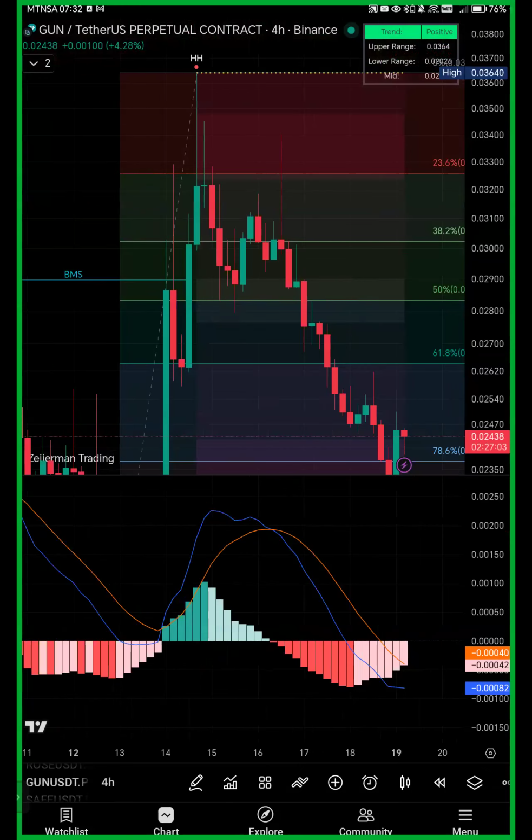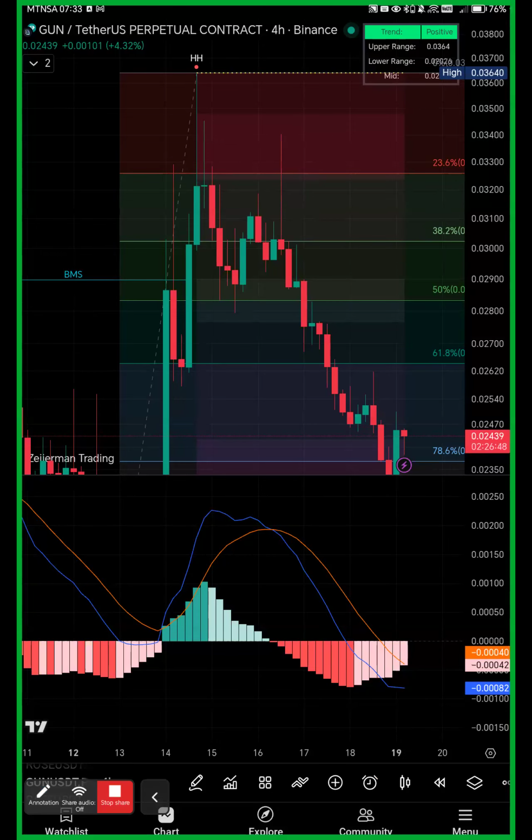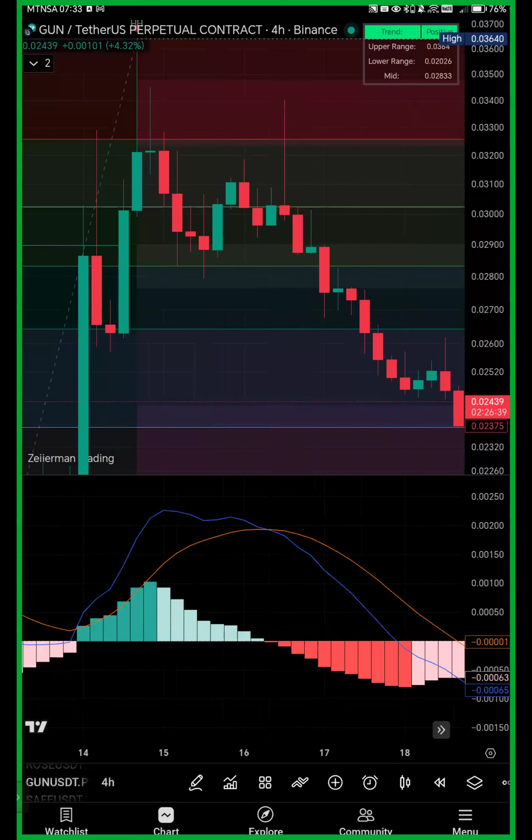This candle here. This one is a bit different from this one. So I'm going to use this one as my example for training. Now, the shooting star formation.